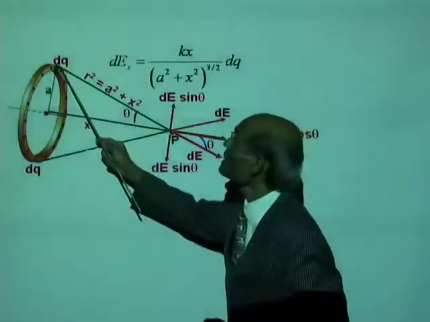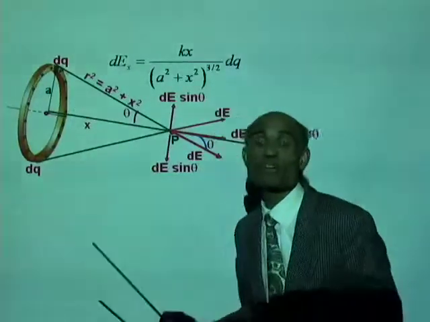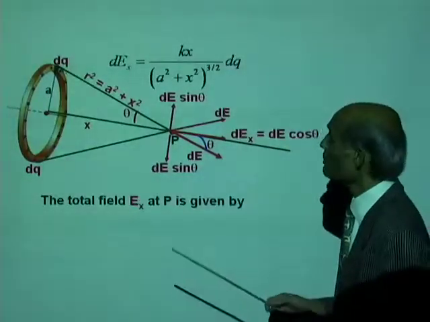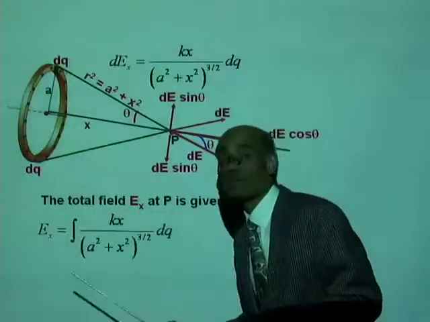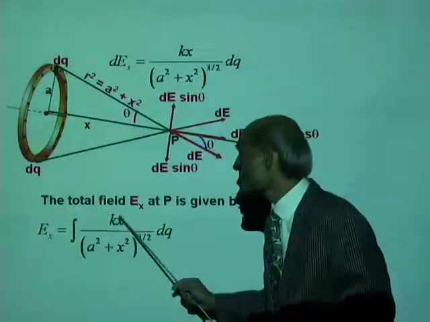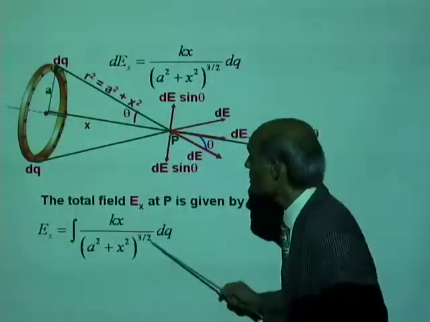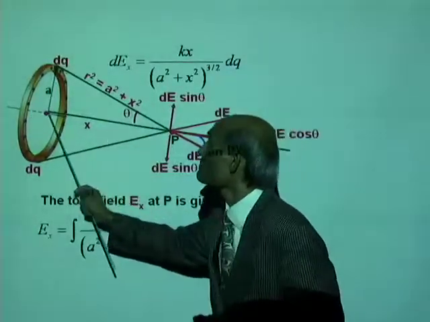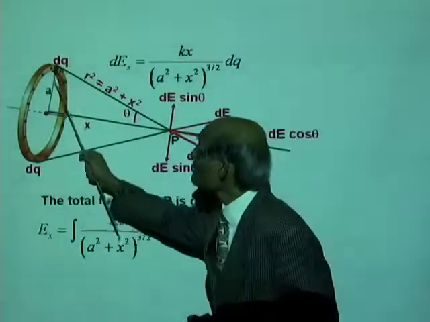And in order to find the total field at P, what we need to do is integrate that from q equal to 0 to the total Q. The total field Ex at P is the integral of this quantity, and if you notice, the kx over a squared plus x squared to the power of 3 over 2 is a constant, because x is the distance of the point from the center of the ring. That doesn't change. And a is the radius of the ring.